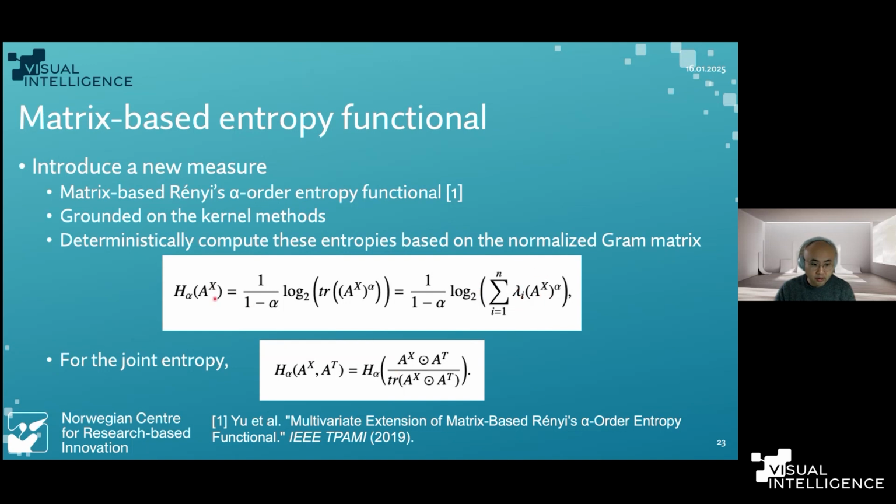And this is for the marginal case. And for the joint case, it's also simple because after applying a Hadamard product between two gram matrices, you compute the sum of the eigenvalues, and then it's equivalent to the joint entropy. It's a very, very handy approach compared to the previous methods.